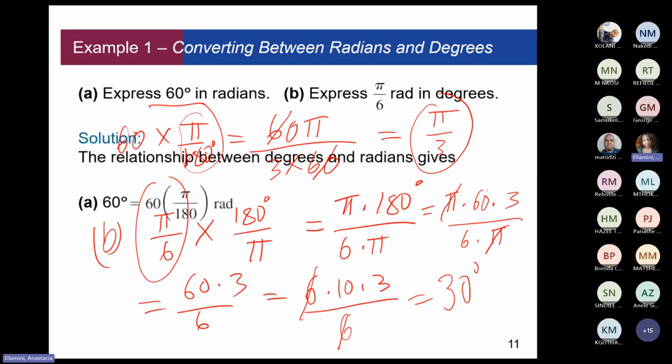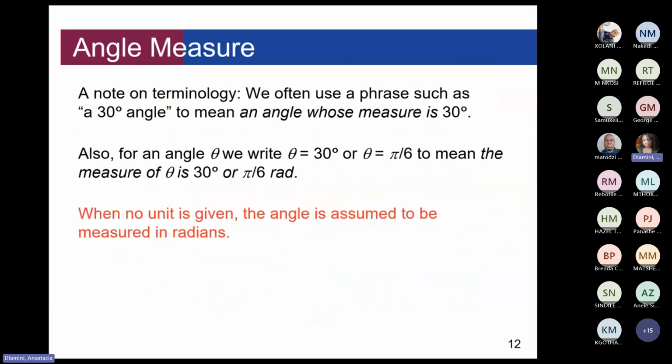Okay, that's what we got. A note on terminology. We often use a phrase such as a 30 degrees angle to mean an angle whose measure is 30 degrees. Are we all together?